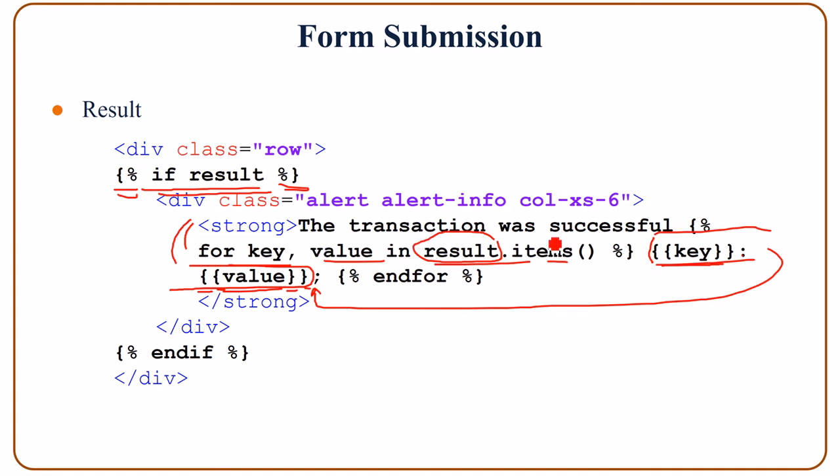Print the transaction was successful, and then print all the from, to, and amount, and give the div this class. This class shows the alert info in half of the width of the screen.